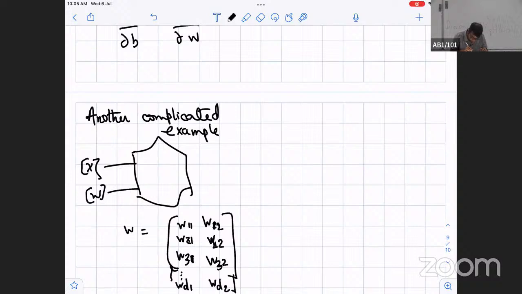So what does this W do? If I had something like this instead of a single vector, when I multiply, what do I get?